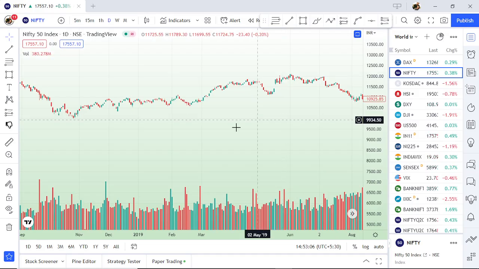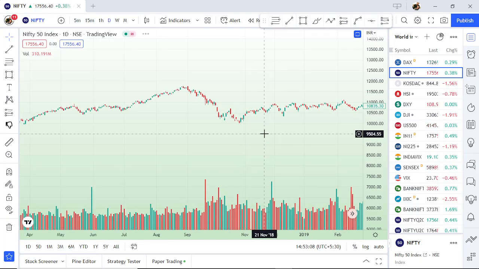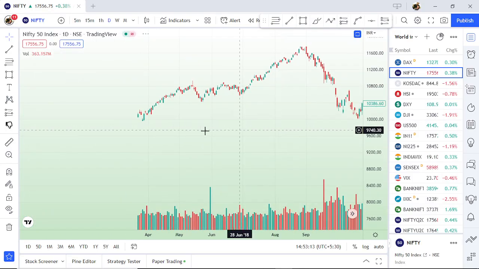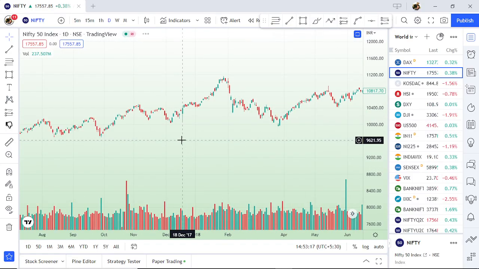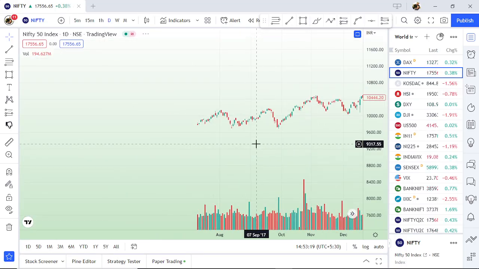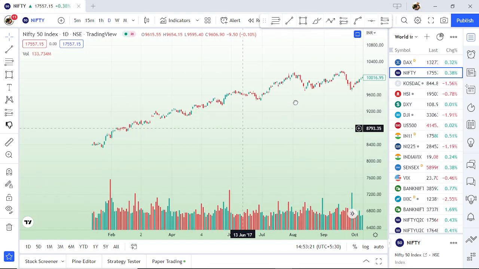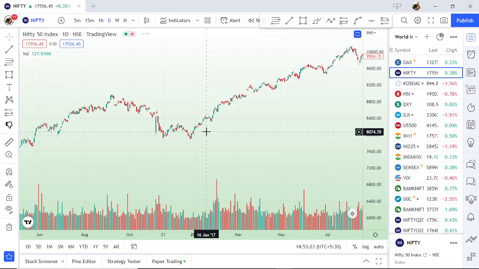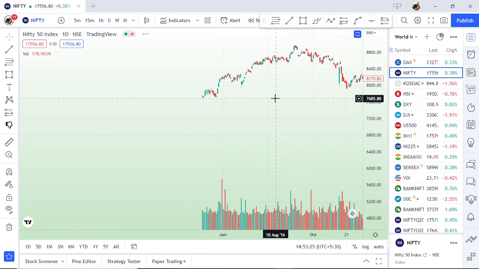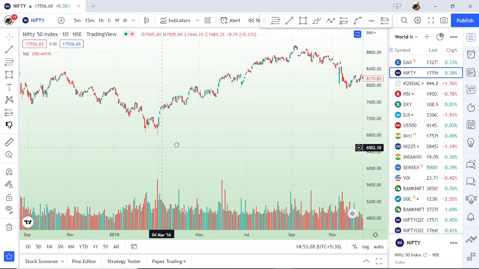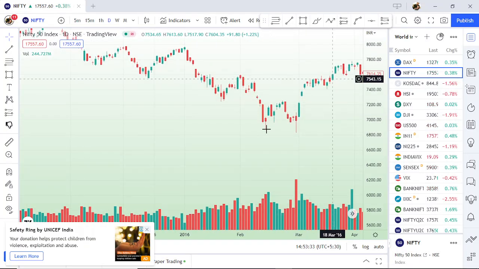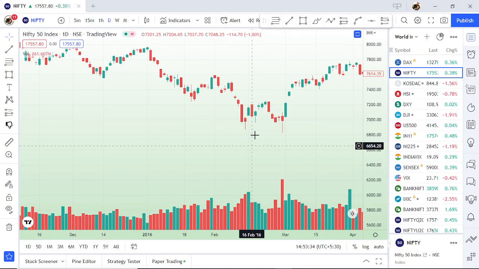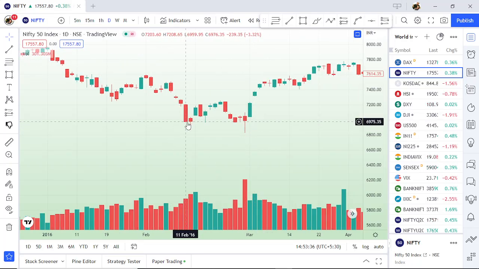Sometimes it's hard to even find a hammer because these things usually don't occur much, but you can keep this in consideration. You see one hammer here. This is a hammer.